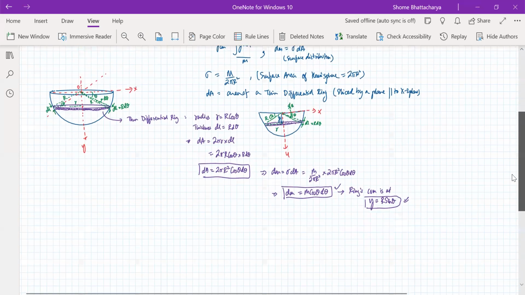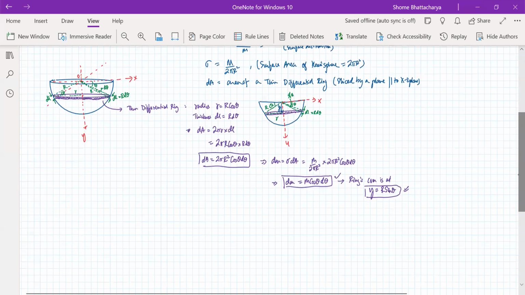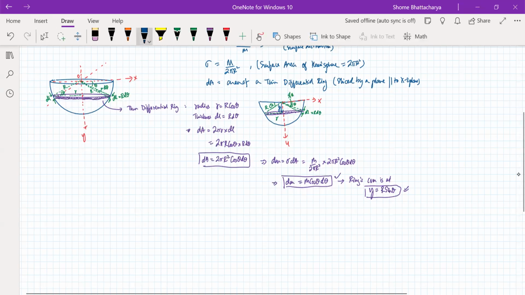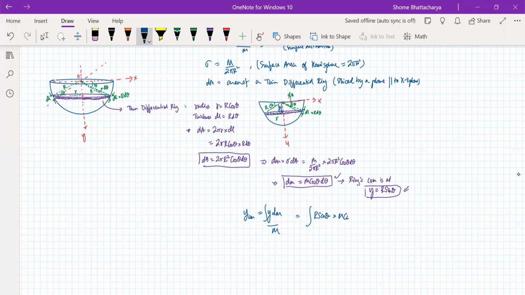So now we substitute these in the integration required. Now, can you tell me what should be the limits that we will take for the integration? You will substitute y with R sine theta. You will substitute dm with M cos theta d theta.